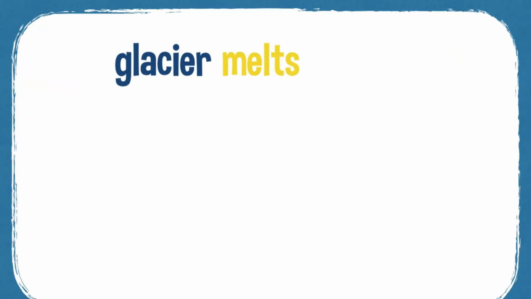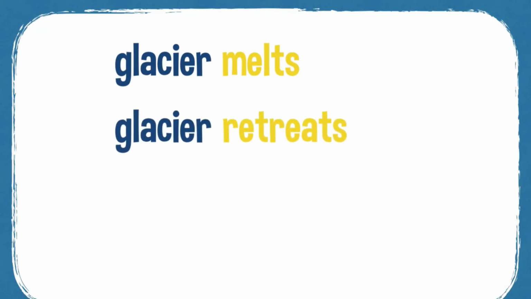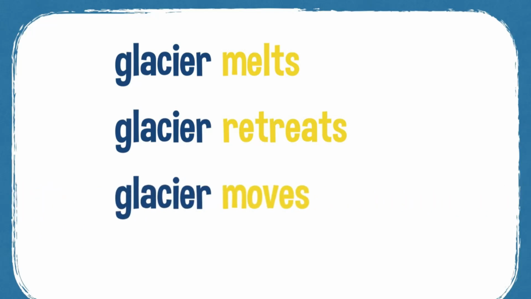We talk about glacier melts, so a glacier melts, but also this word retreats. Retreats is similar to melts, it just means it's getting smaller. So the retreat of mountain glaciers is evidence for global warming, for example. They get smaller. A glacier moves.